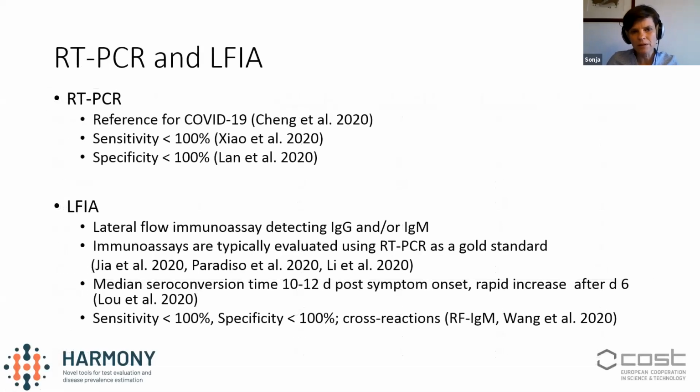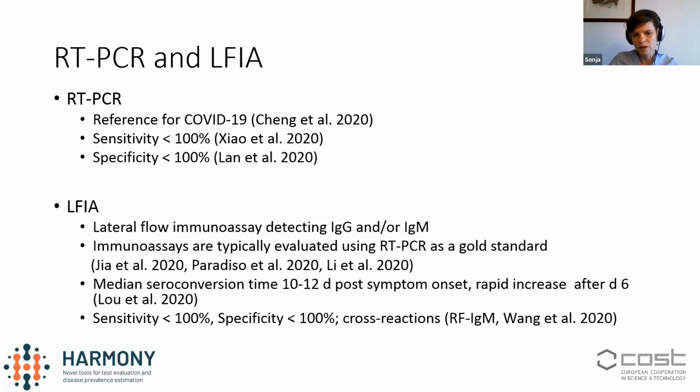More in general, RT-PCR has been used as a reference test for COVID-19, although it is known that it's not 100% sensitive. Sometimes the sensitivity could even be considerably lower. And it's also known that the specificity does not always reach 100%, so it's possible that there are false positives.